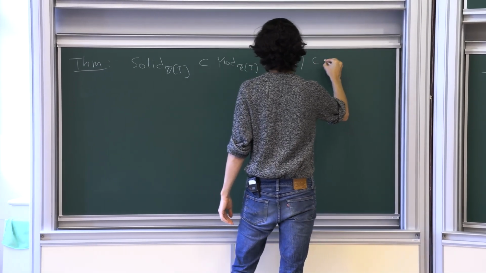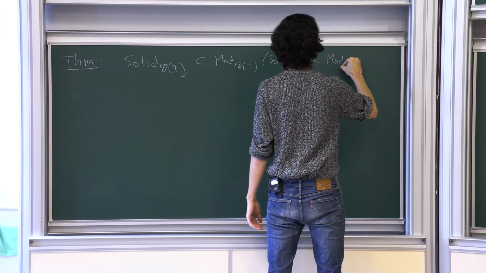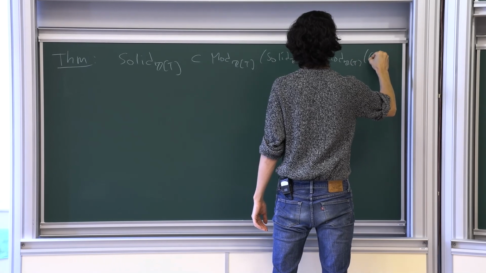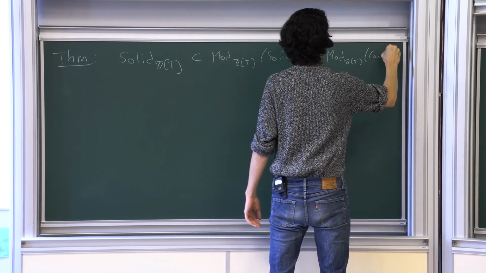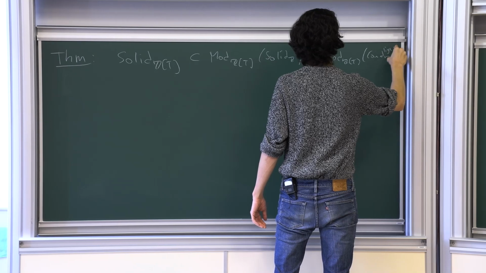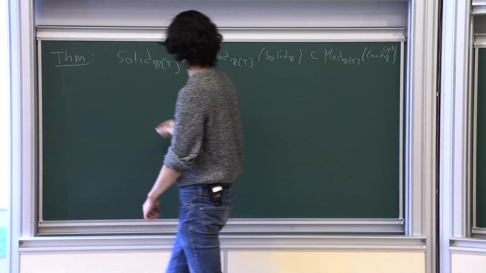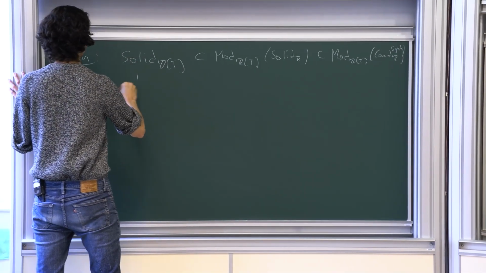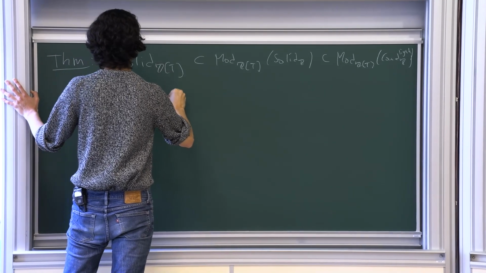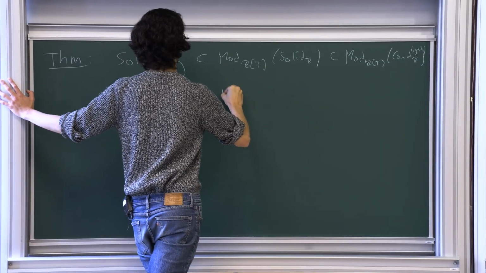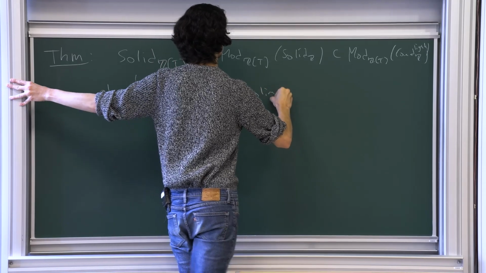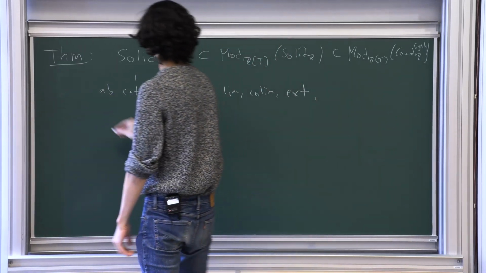And we can even, I mean, everything is also inside condensed. Light. This is an abelian category closed under limits and colimits, extensions.